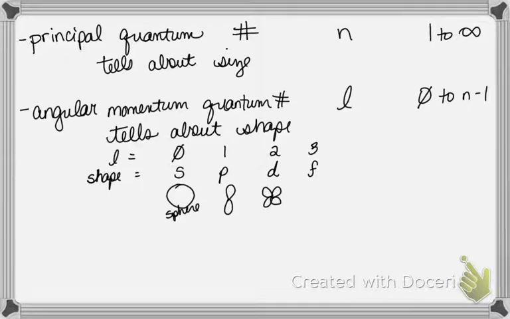There's different shapes to those. A clover leaf, maybe that looks like a butterfly. Maybe you guys look at my drawing and say, Miss Hurt, that doesn't look like anything. But if you'll look at page 260 in your book, we're not going to talk about the shape of the f orbitals. And so what this tells you, y'all, is what the space looks like where the electron's moving around.